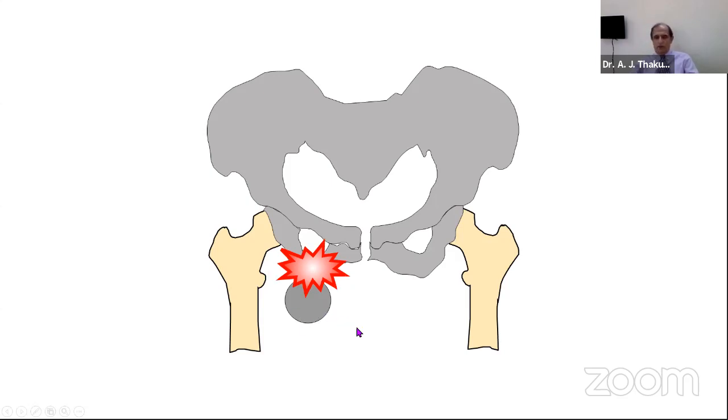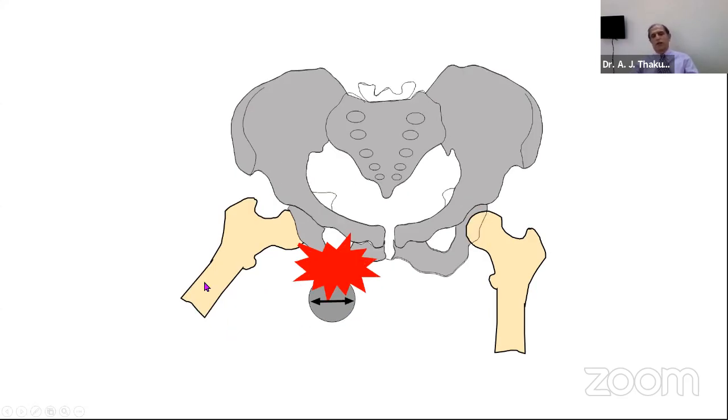Not only that, with the small one, if one abducts the good leg, then the pressure on the area doubles up. So whenever you use a perineal post, it should never be less than 10 centimeters in circumference.